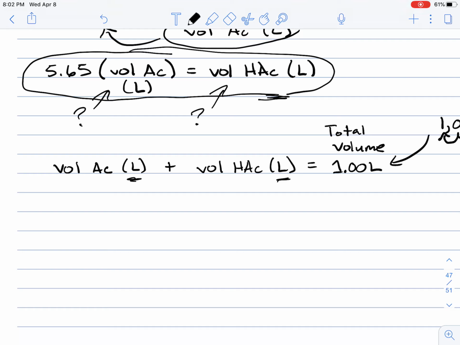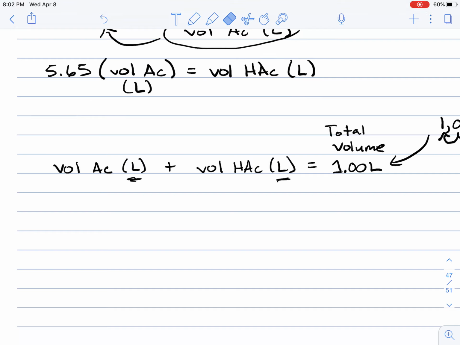And so using these two relationships, one from the Henderson-Hasselbalch equation, this ratio, and this equation I got from thinking about what we're doing, we're adding both of these substances to create a total volume of 1 liter.